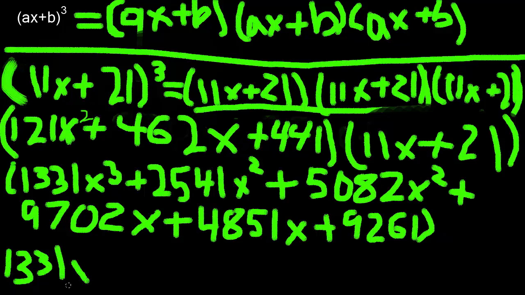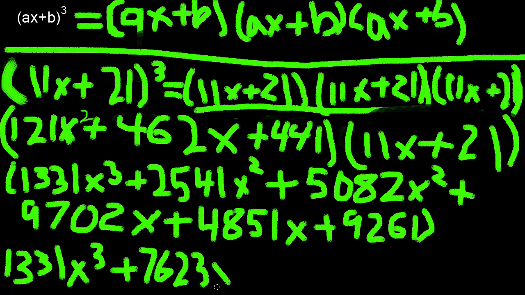Good practice though. 1331x cubed, and then we have 2541 plus 5082, that is 7,623x squared.